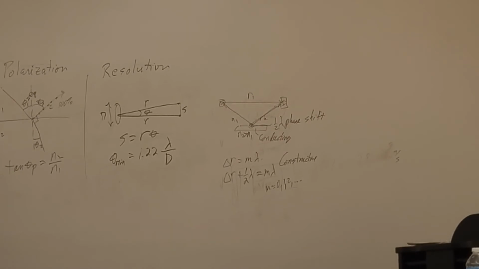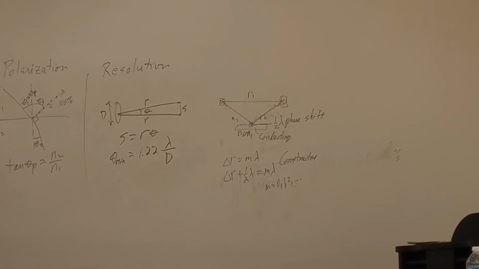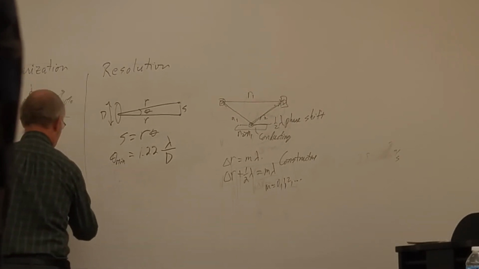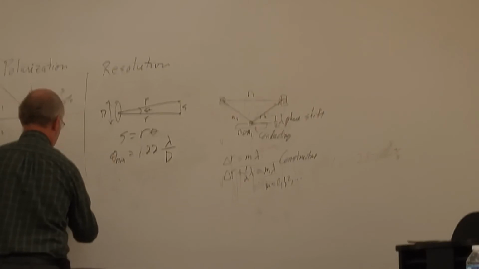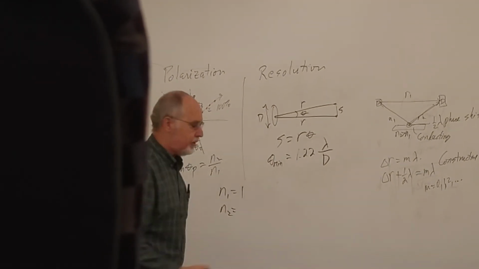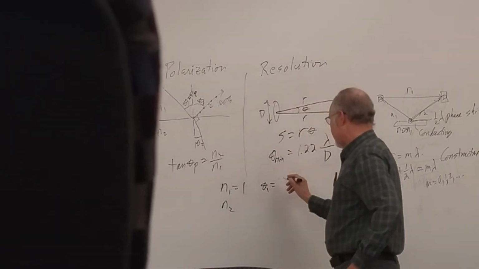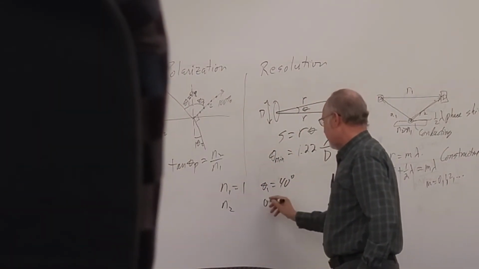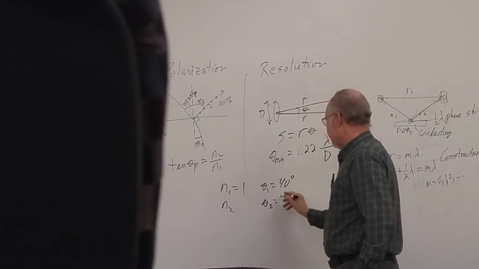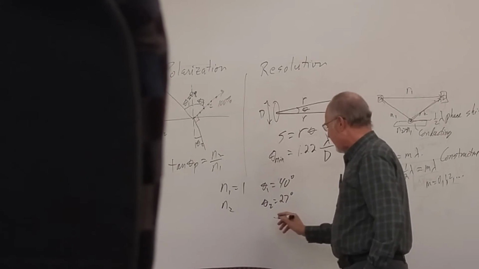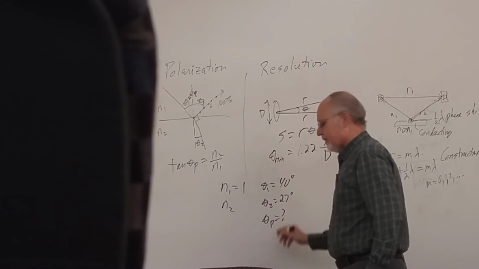Well, it might be saying something like, what's the polarizing angle if you got these two indexes? You got air, so N1, and your N2, well, maybe you don't know N2. But you're told that the theta 1 is, say, 40 degrees, and theta 2 is 27 degrees. And so what is the polarizing angle?